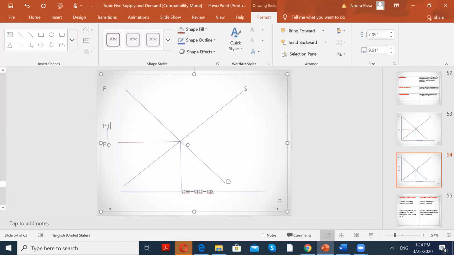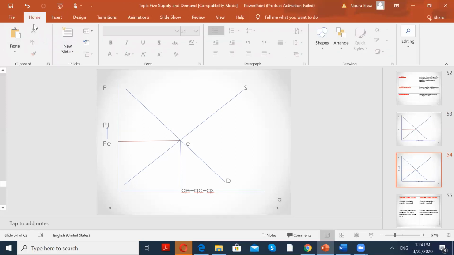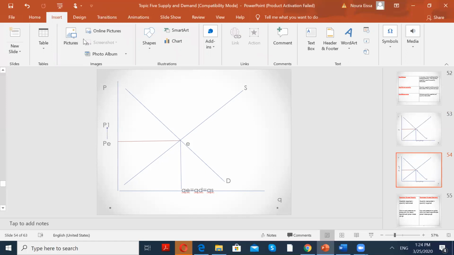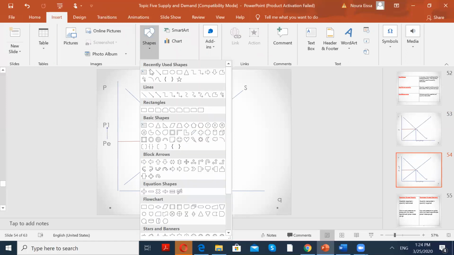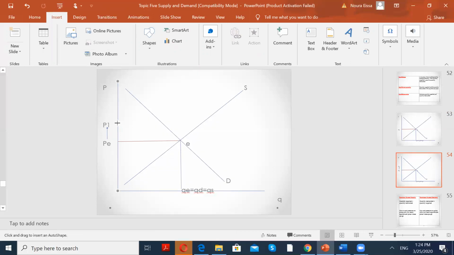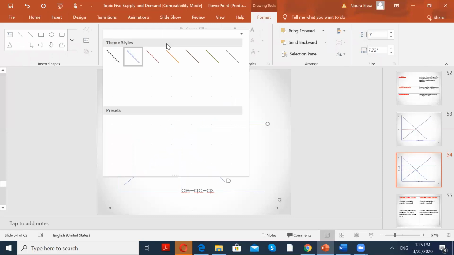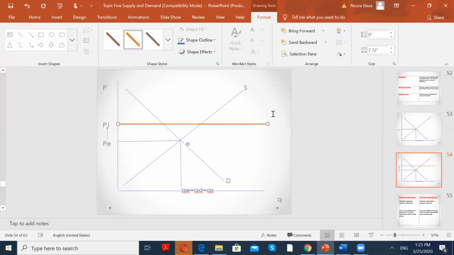You can show it wherever you want. After you get the price, graph, label, a line, we want to see quantity. So this is P1. So I will draw a line like this. It's right here. Let's shape it like this.